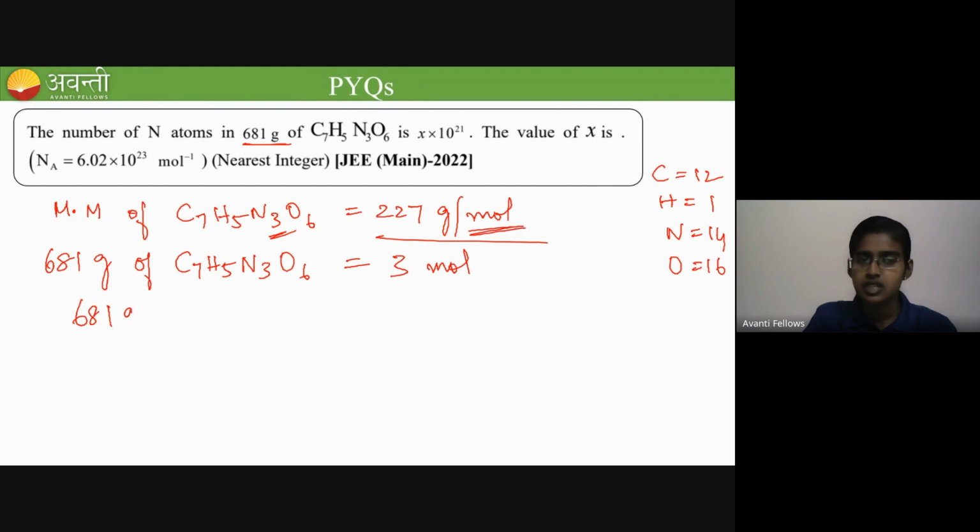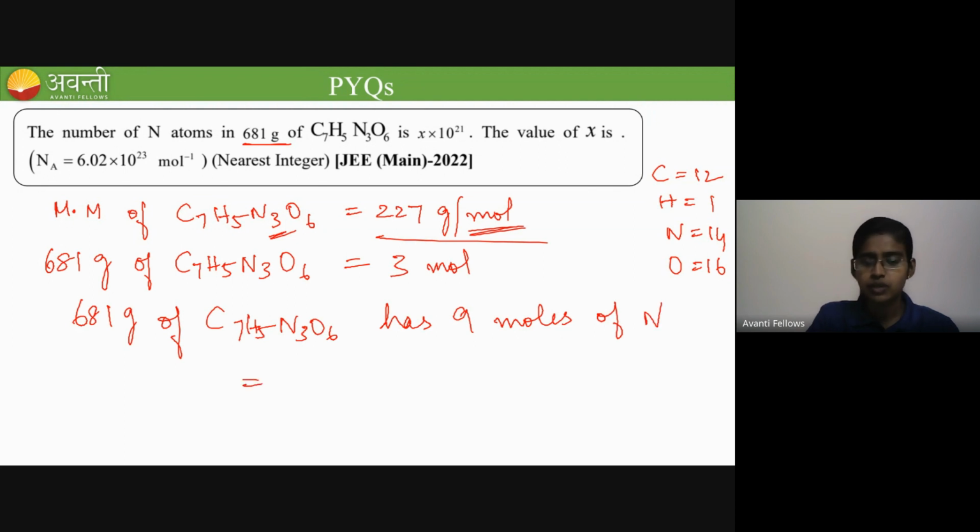So the 681 gram of this compound has 9 moles of nitrogen, which will be equal to 9 into the Avogadro number, 6.02 into 10 to the power 23 nitrogen atoms present in this 681 gram of compound.